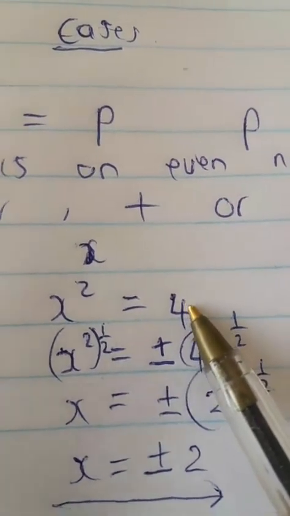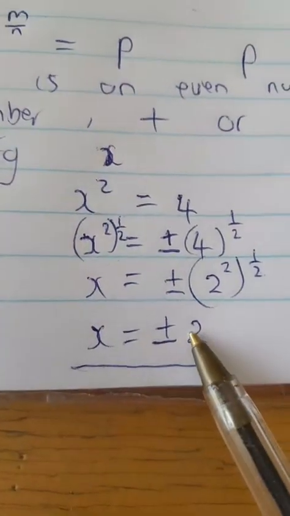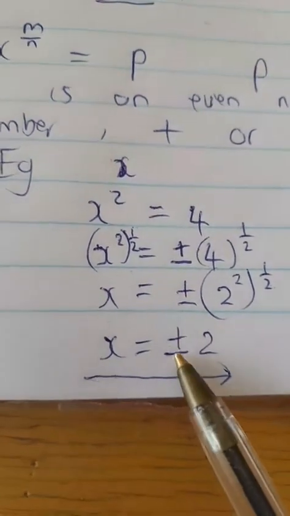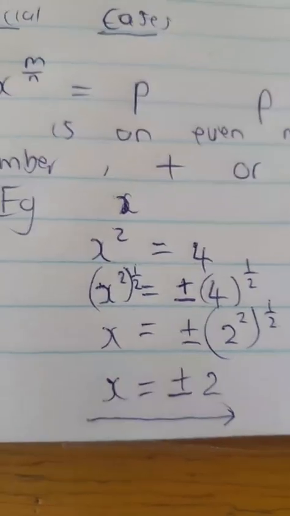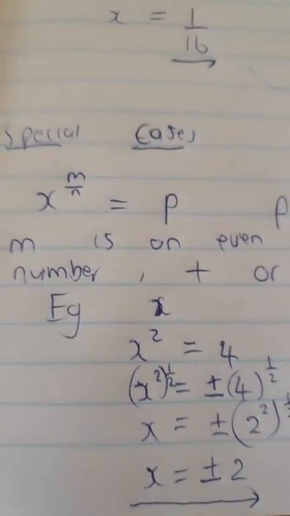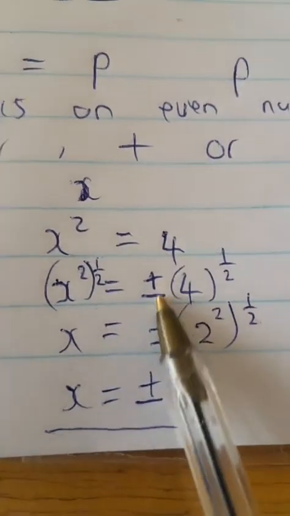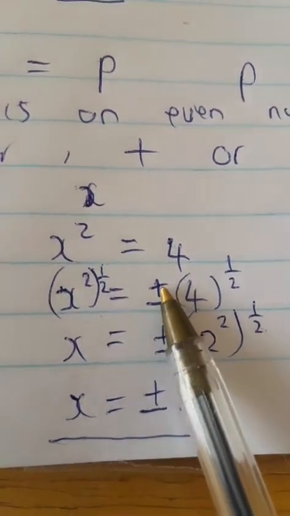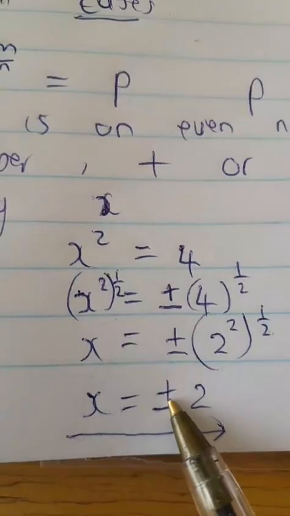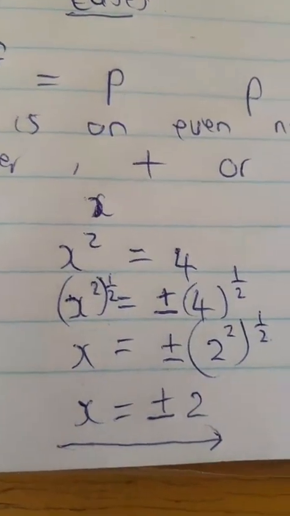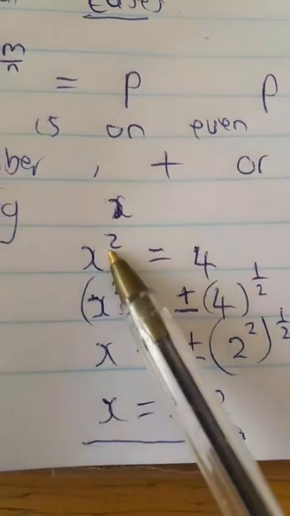All of a sudden, when the numerator of the rational exponent is even and there's a positive number on the right, that suggests that we will get how many answers for x? 2 answers, 1 positive and 1 negative. So this is something you need to be very mindful of, because if you're not, you could easily not take into consideration that there are 2 answers and just go with 1 answer, but in actual fact there's supposed to be 2 answers for the value of x.